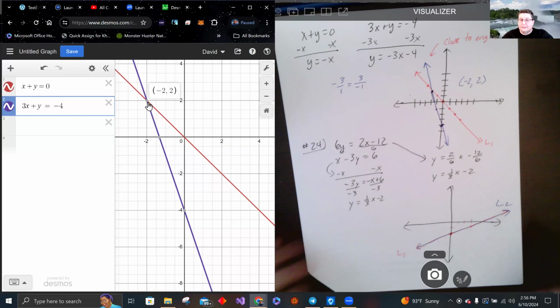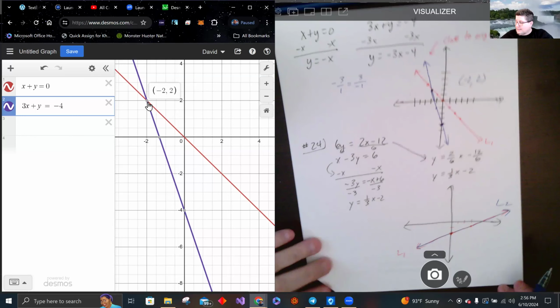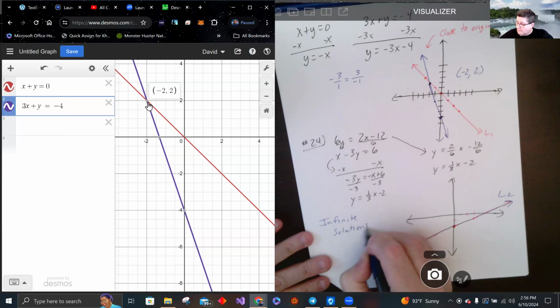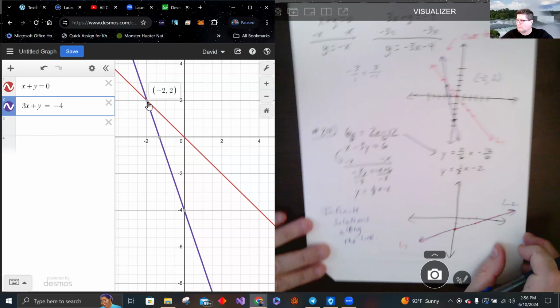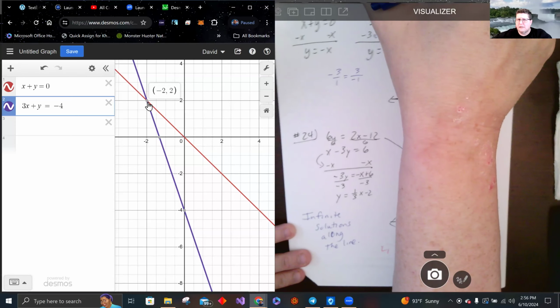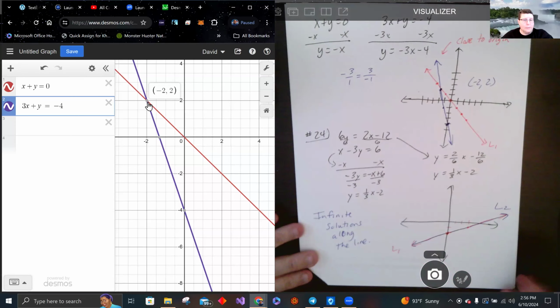Line 2 is also there. So this has infinite solutions along the line.